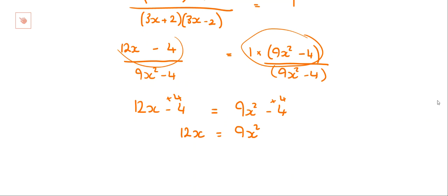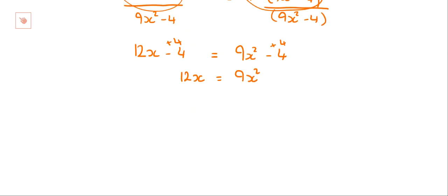So basically, if I wanted 0, what would I have to do? Subtract 12x. So I've got 9x squared minus 12x.